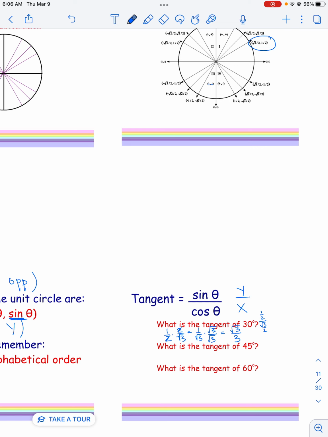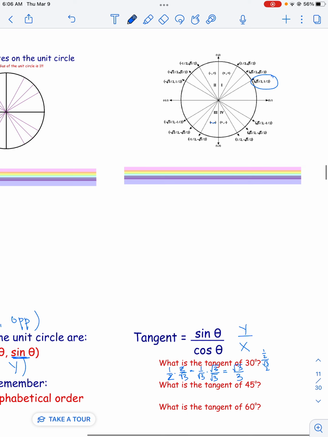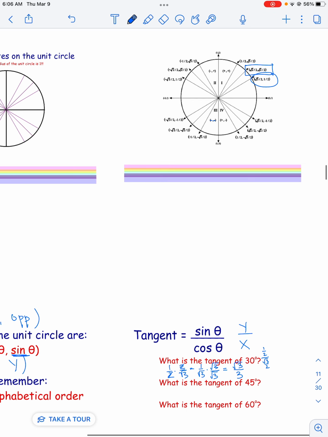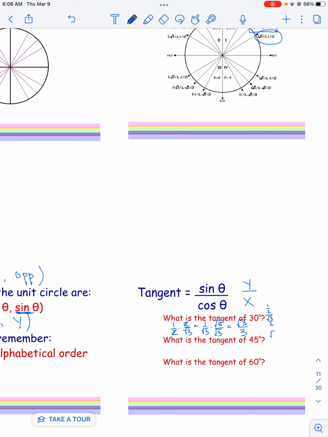Now the tangent at 45. Well, that point at 45 degrees is root 2 over 2, comma, root 2 over 2. So, taking the square root of 2 over 2 over square root of 2 over 2, that's one fraction over itself, and so that is equal to 1.